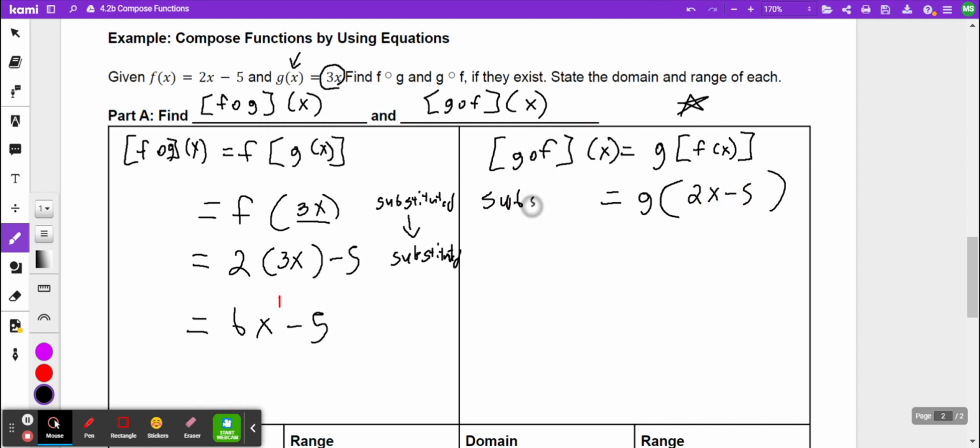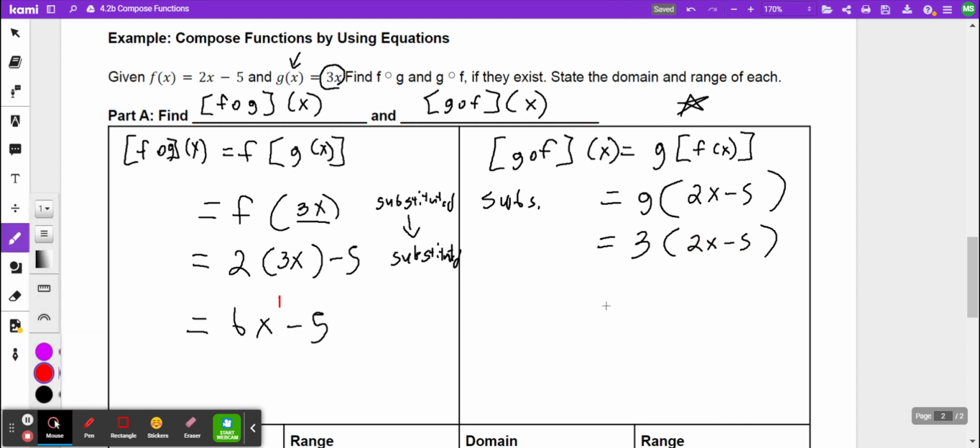We substituted. We substituted 2x minus 5 for f of x. All right, well now I'm going to go back. I'm going to substitute what g of x is. It's going to be 3 times whatever our input is. And wouldn't you know it, our input is 2x minus 5.